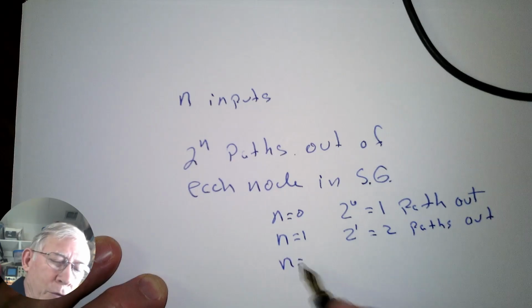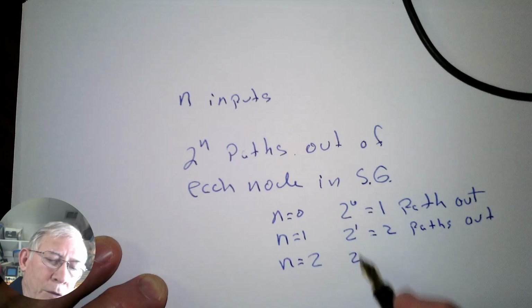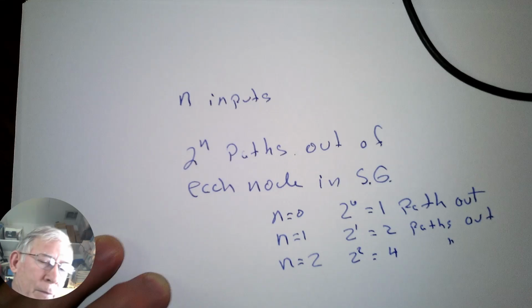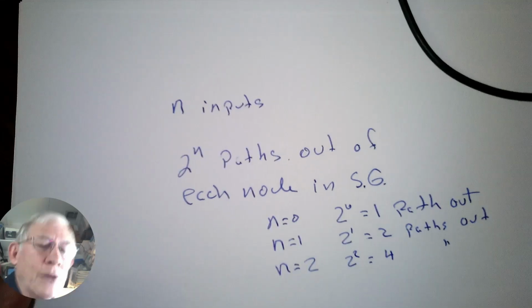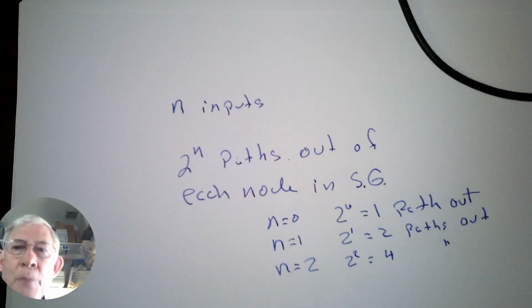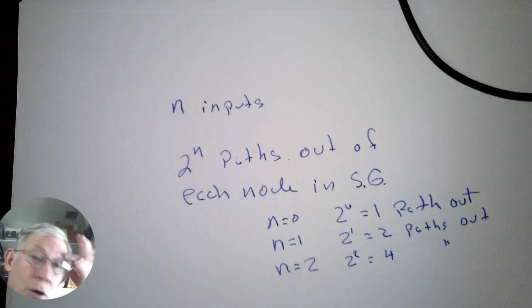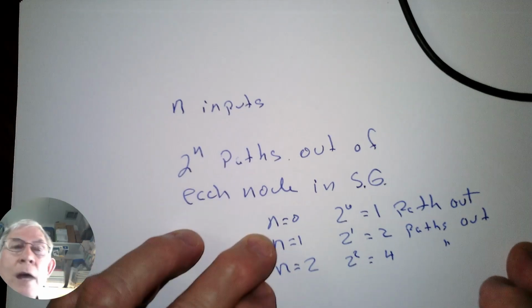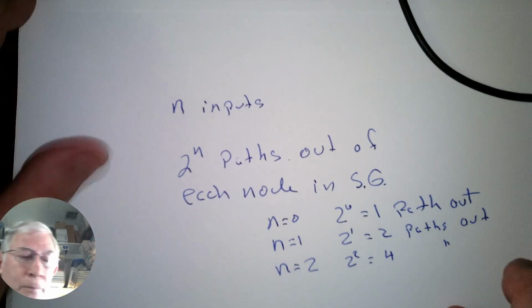And if n equals 2, then 2 to the 2 equals 4, so we have to have 4 paths out of each node. So you can see, as our inputs increase, the number of possible paths out of each node that we have to account for goes up by powers of 2. But with no inputs, we still have to account for one path out of each node.